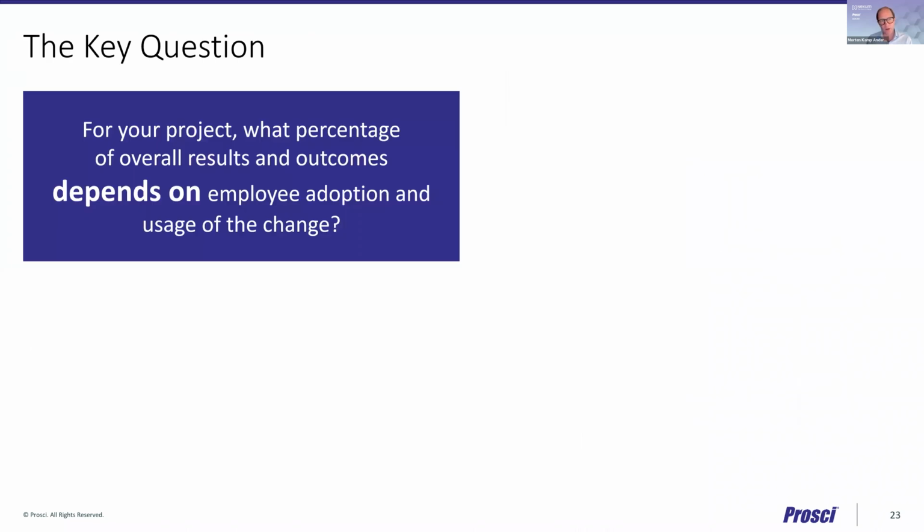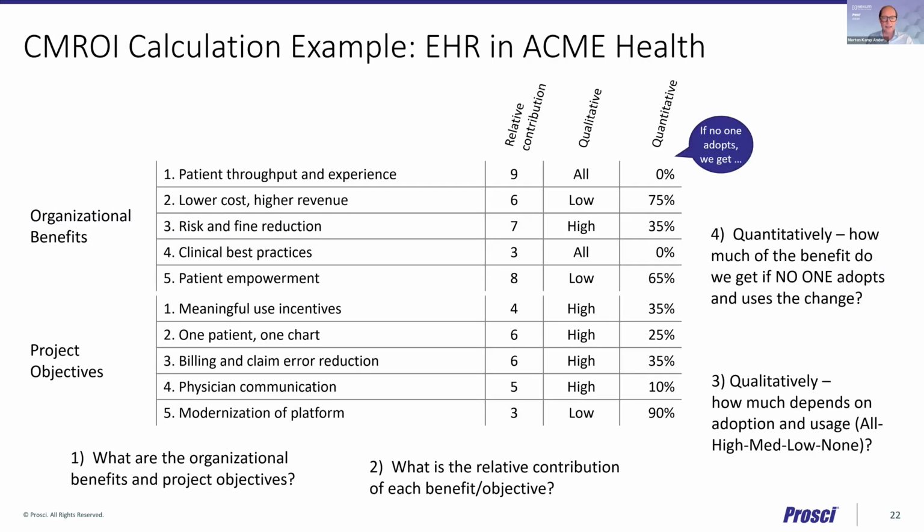And that leads us to the key question, which is, for your project, what percentage of overall results and outcomes depends on people using the change? So that's the question. That's the percentages that you gave before. This slide is really just going through it and estimating each of the benefits and arriving at an overall number.